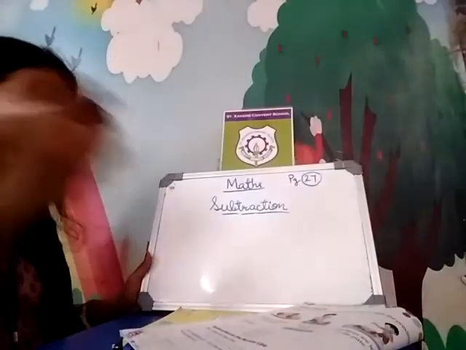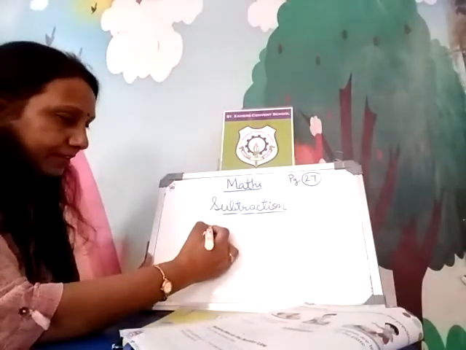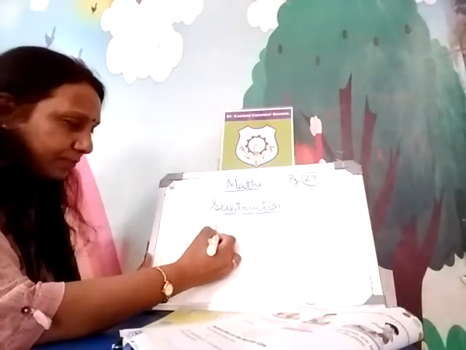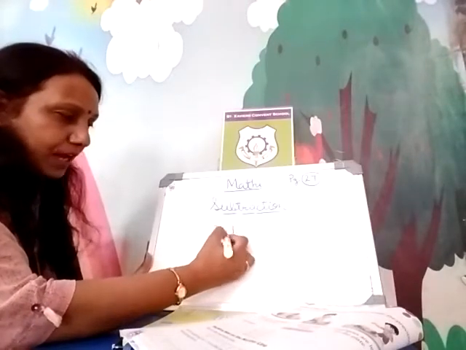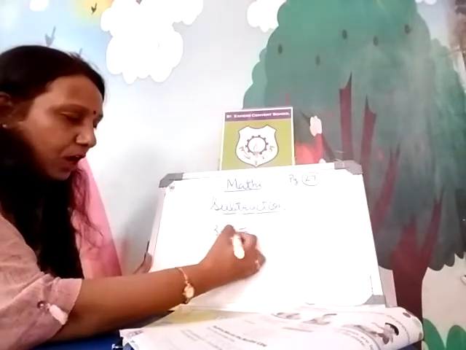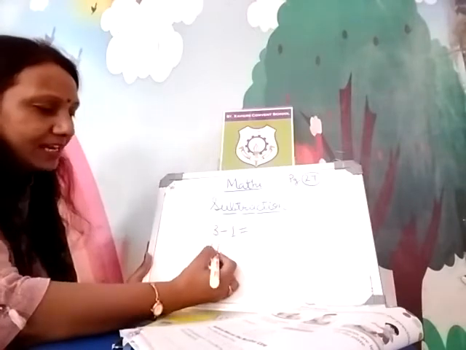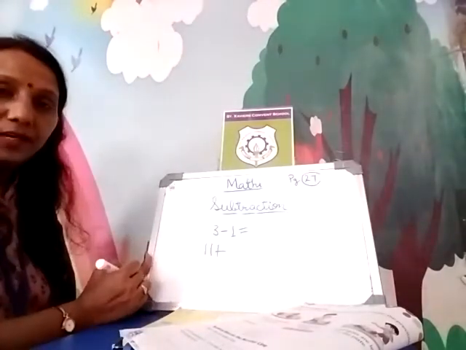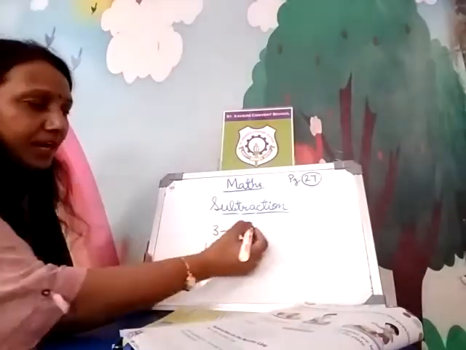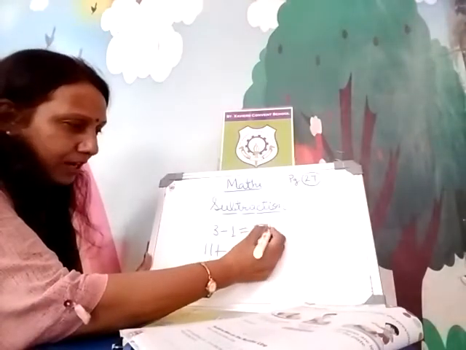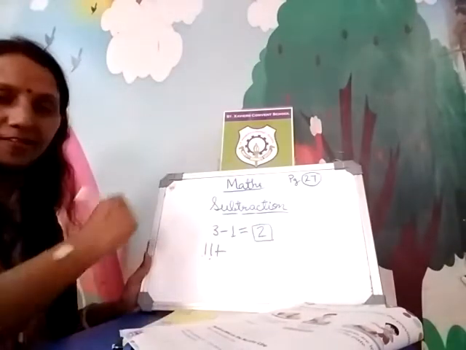Okay. So the answer will be, just see here, 3 mangoes minus 1. Amit ate 1. And how many left? 1, 2, 3 lines. You cut 1. How many lines left? 1, 2. It means 2 mangoes are left.